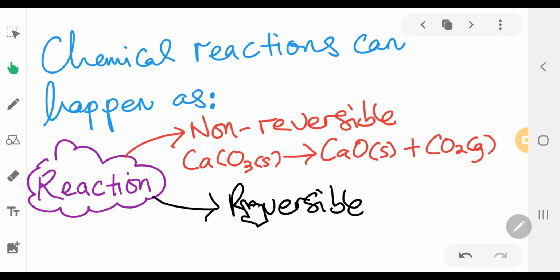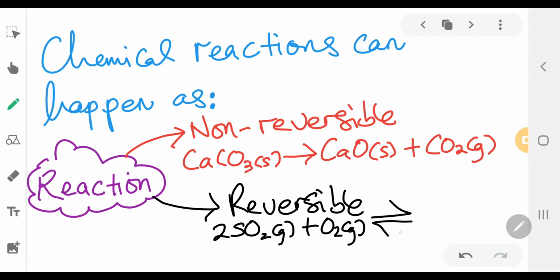So what about the reversible reaction? One example is this. You have SO2 gas reacting with oxygen gas, and this time you have that reversible arrow, and you're going to be producing SO3 gas.